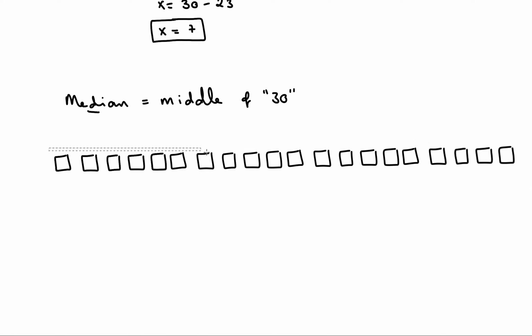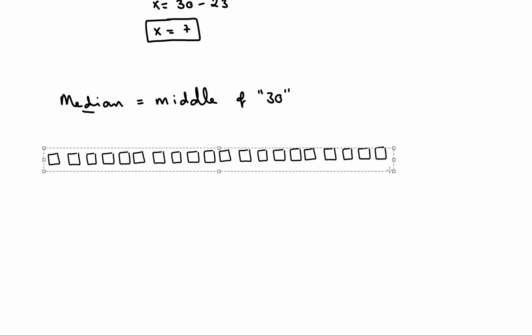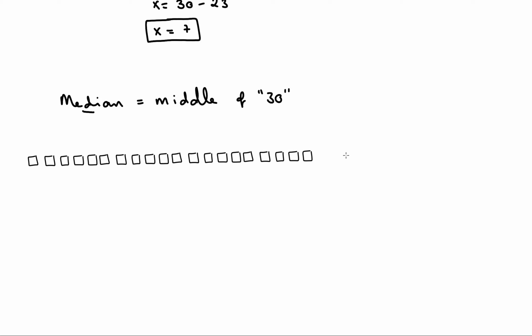And then I'm going to just shrink these down so we can really visualize it. And I need 10 more, so I'm going to have 1, 2, 3, 4, 5, 6, 7, 8, 9. So I need one more. 1, 2, 3, 4, 5, 6, 7, 8, 9, 10. So I'm going to select this and add 10 more on. And this is just to visualize the median. You don't need to do this every time.